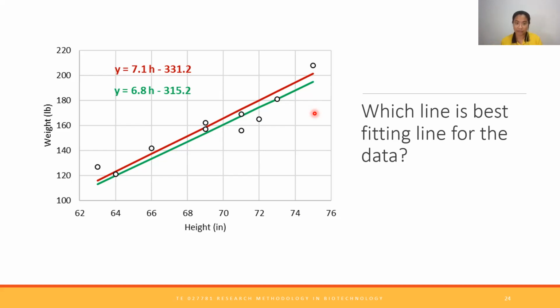This example is the relationship between height and weight of how many people we have? 1, 2, 3, 4, 5, 6, 7, 8, 9, 10. Height and weight of 10 people. When we plot the relationship of these 10 people, you see that it probably has a straight line, a linear relationship. And then you decided that we are fitting a linear curve into that.